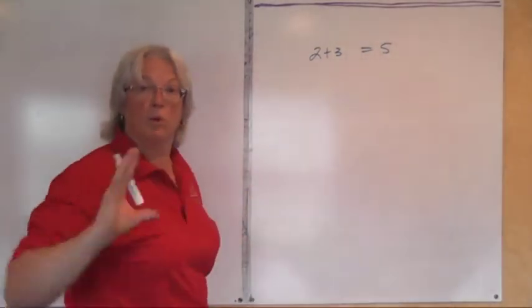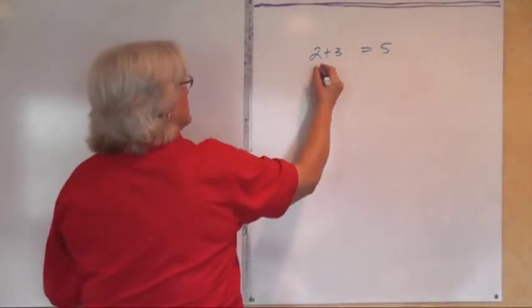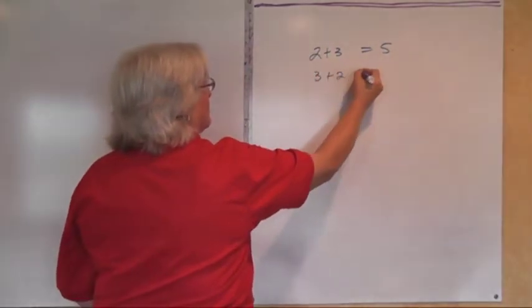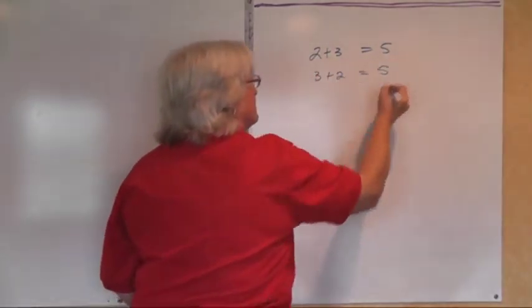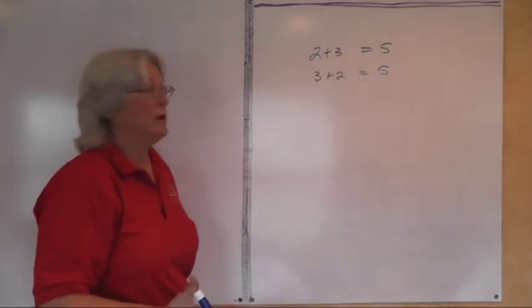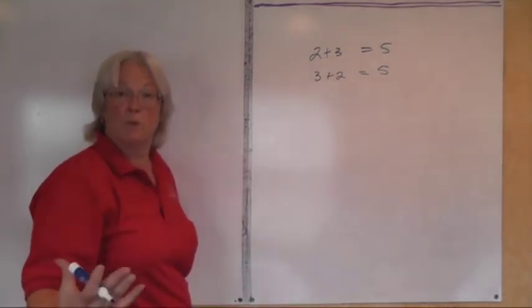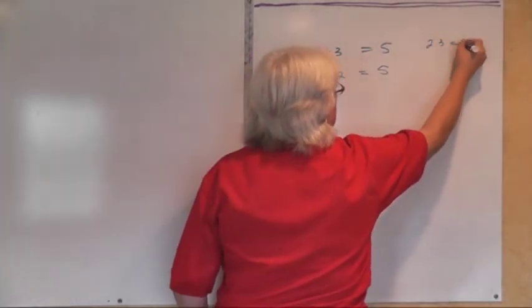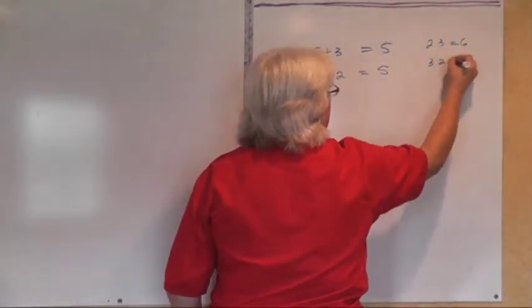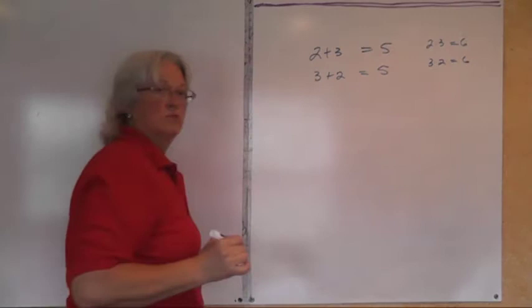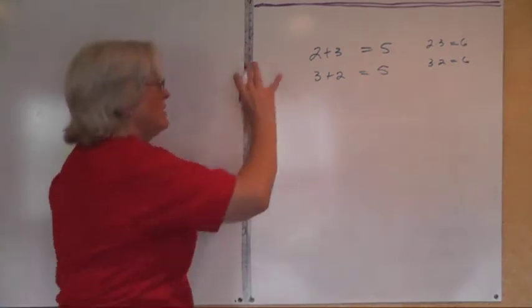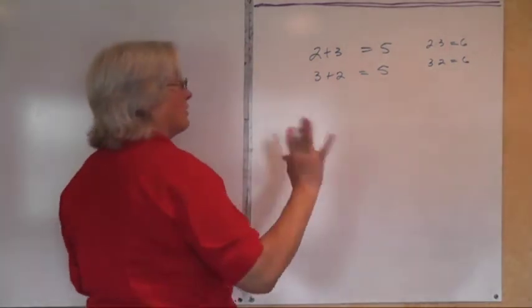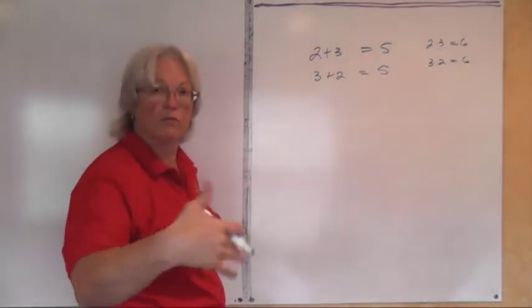What if we change this order around? 3 plus 2, the answer is still 5, correct? And what happens if we use multiplication? 2 times 3 is 6. We switch the order around, and the answers are still the same. Addition and multiplication are commutative. It doesn't matter which you put first.